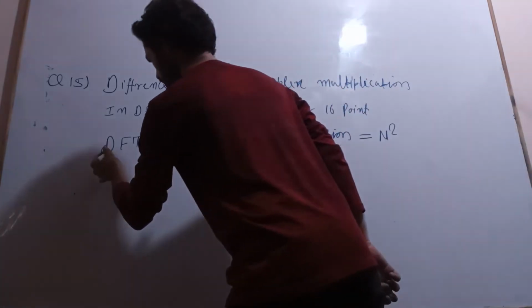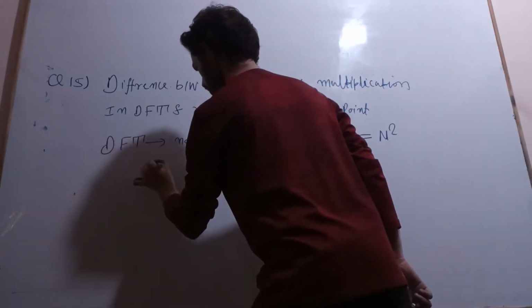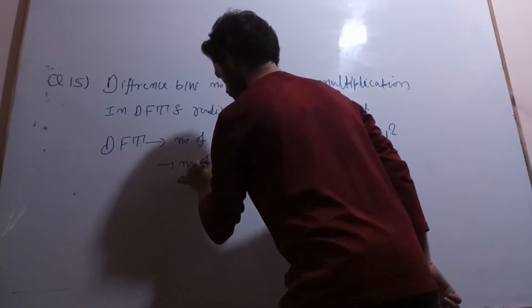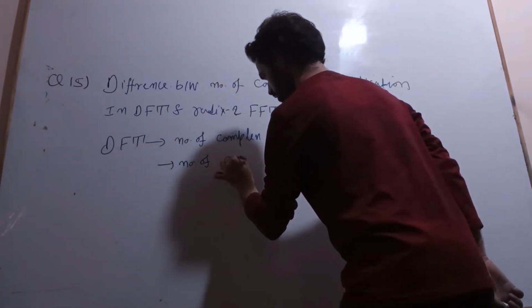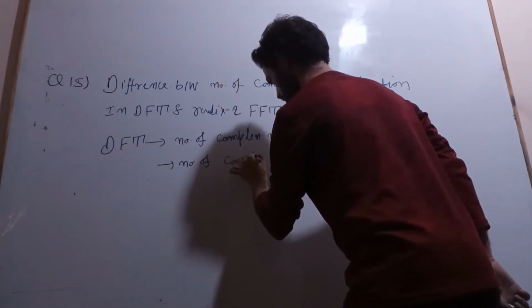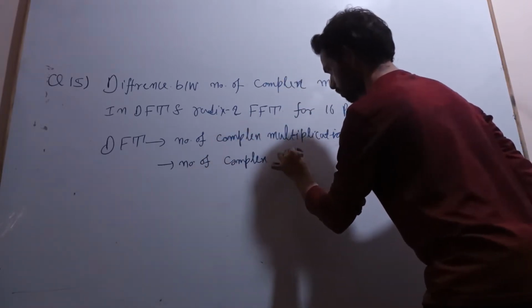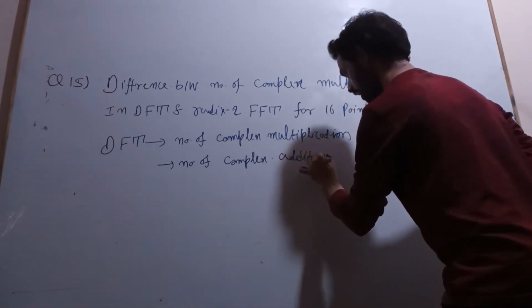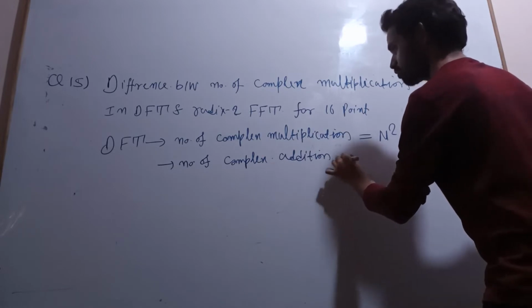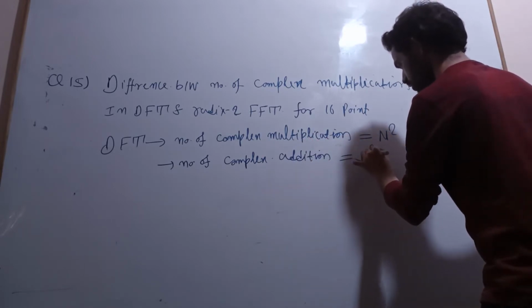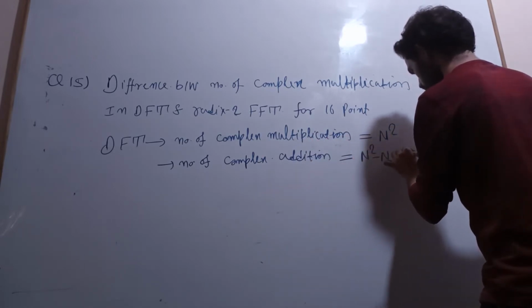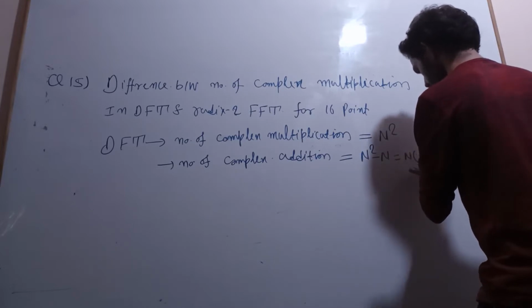And similarly, the number of complex additions for DFT is n square minus n, which is nothing but n into n minus 1.